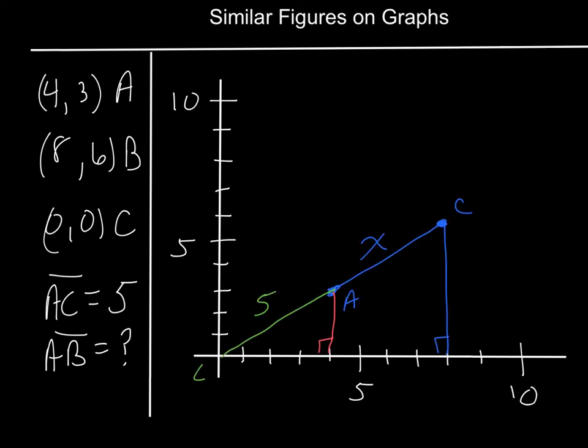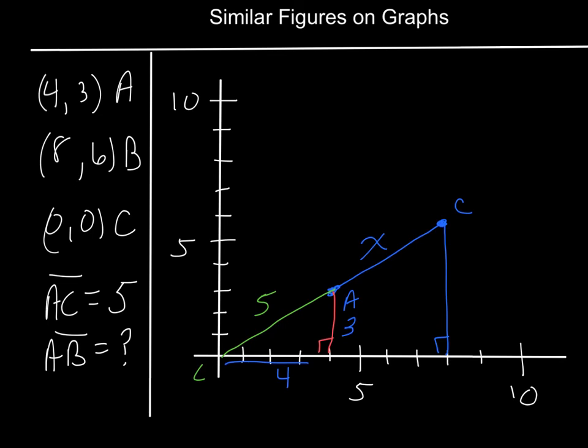Okay, so what I know then is that this side here is the same height that I had moved up when I plotted my point. Therefore, it must be 3. And then this base here has to be 4. So there's the dimensions of a triangle. All right, I'm cool with that.